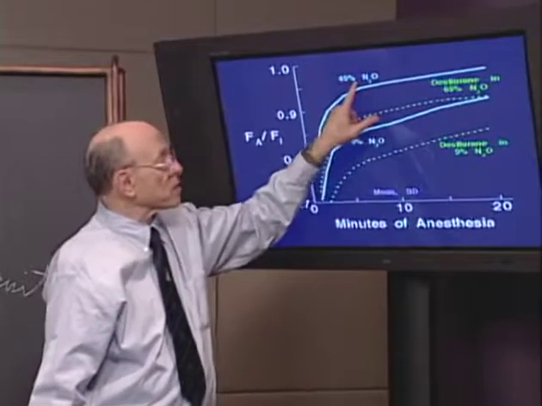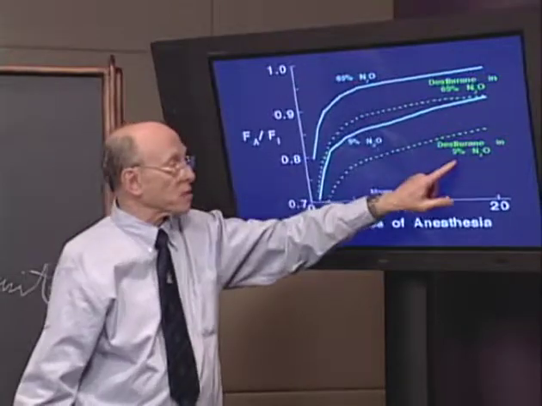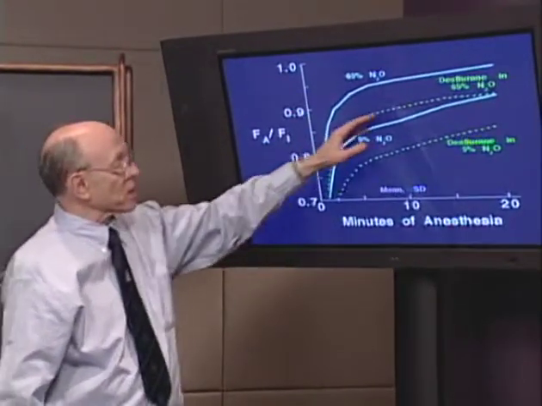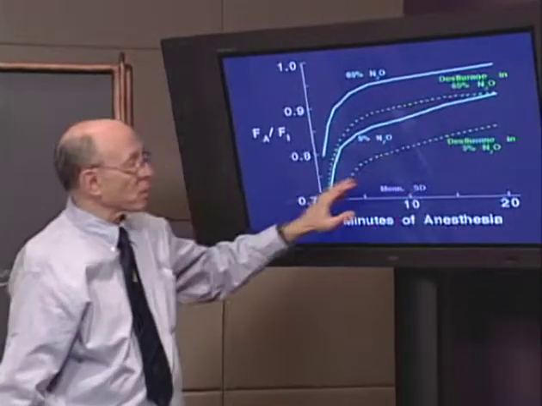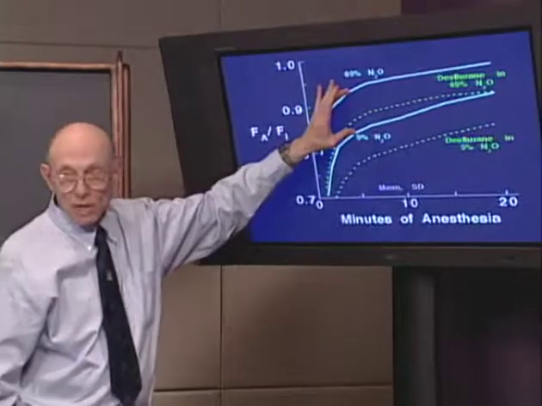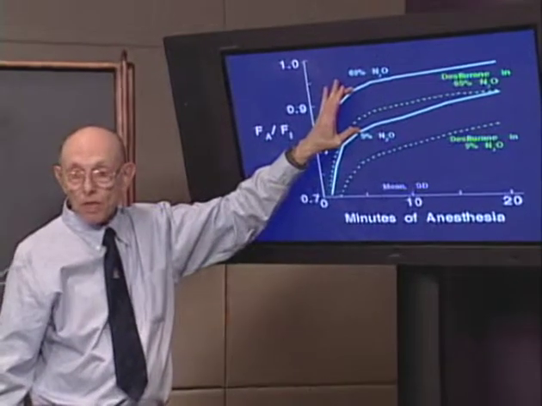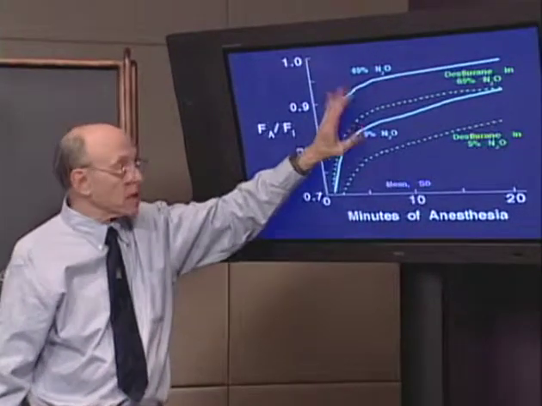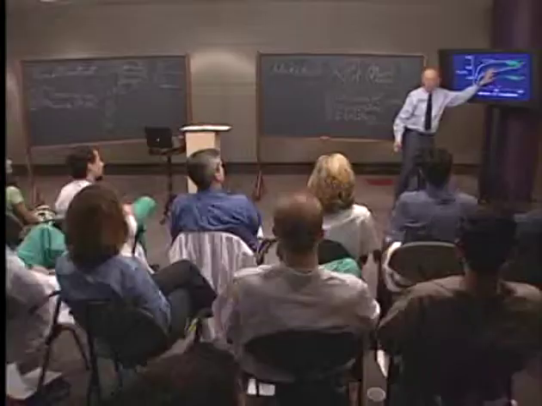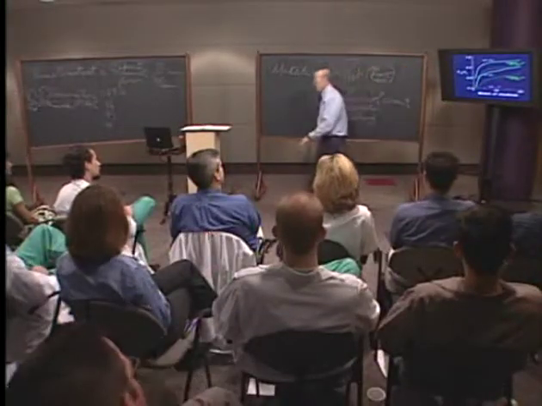It was given with the 65% nitrous oxide and with 5% nitrous oxide. And when it was given with 65% nitrous oxide, the rise was more rapid than when it was given with 5% nitrous oxide. This illustrates the concentration effect, that is, the greater rate of rise of nitrous oxide with a higher concentration. And this illustrates the second gas effect, the more rapid rise of the desflurane when it was given with 65% nitrous oxide.